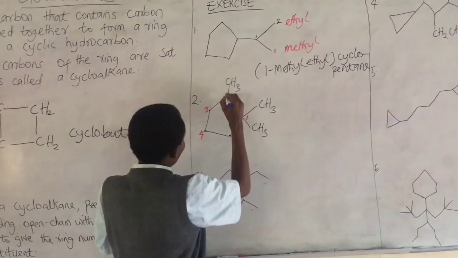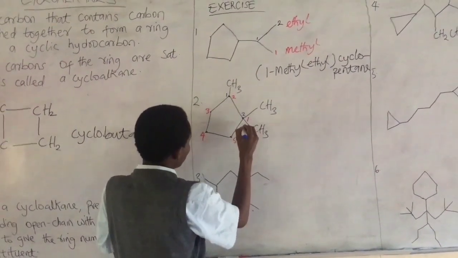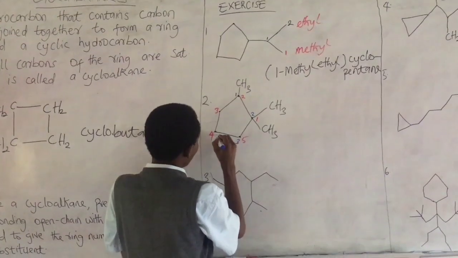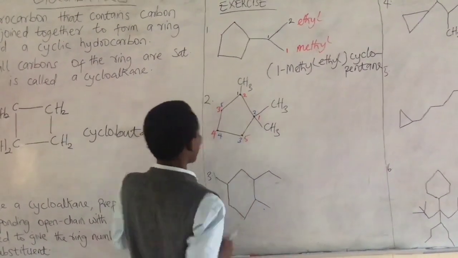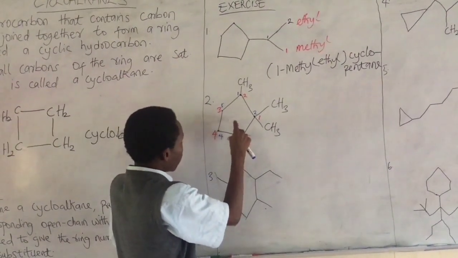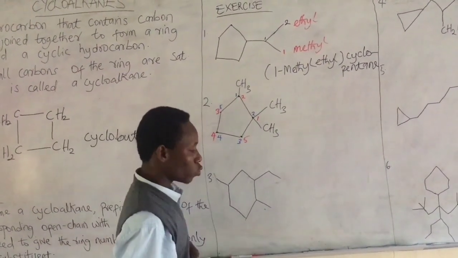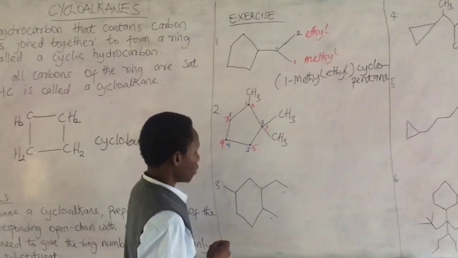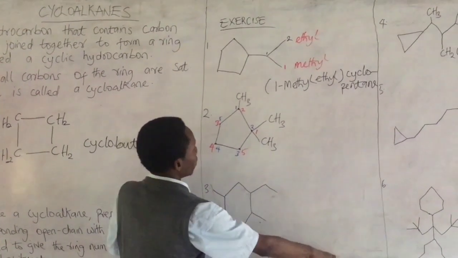We have 1, 2, 3, 4, and 5. There are other ways we can still number this particular compound. But how do we know the best numbering format?